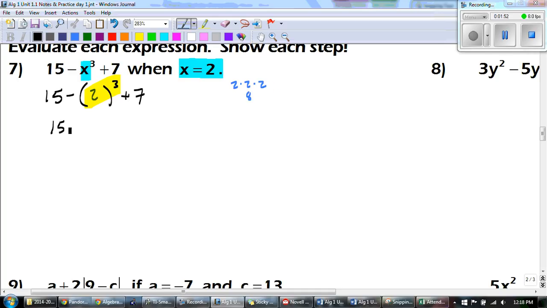So we have 15 minus 8 plus 7. Okay, and what do we add first or subtract first? I hope you didn't say add. Okay, order of operations, left to right. 15 minus 8 gives us 7. Okay, and now we have 7 plus 7, which is 14.